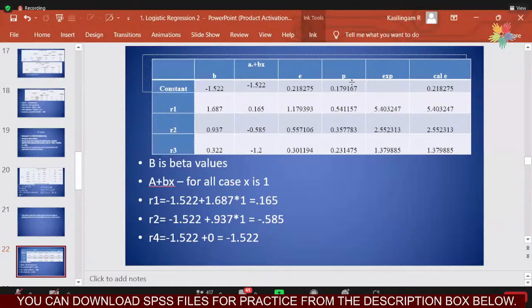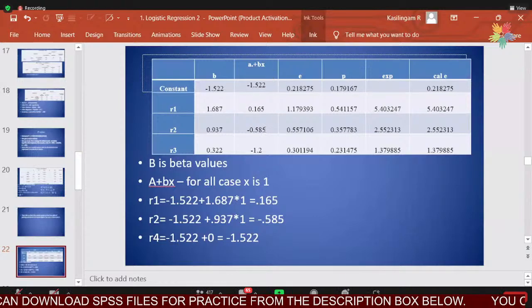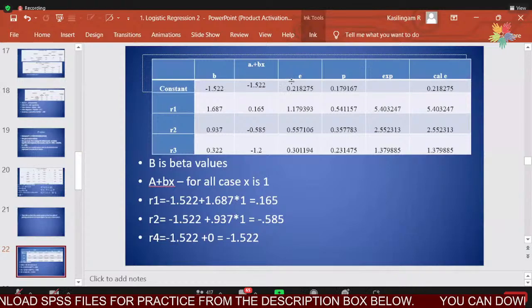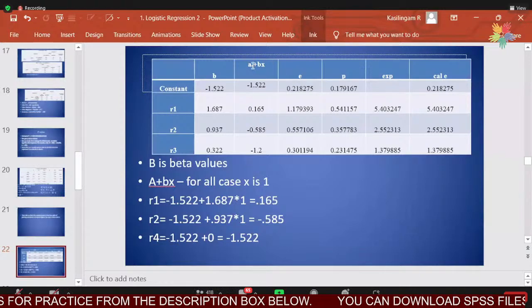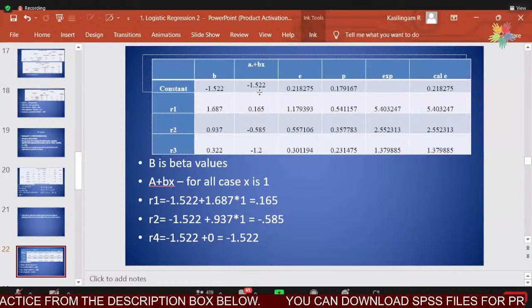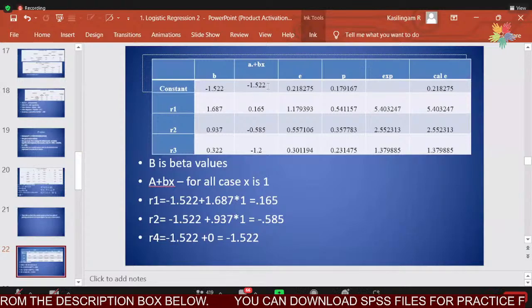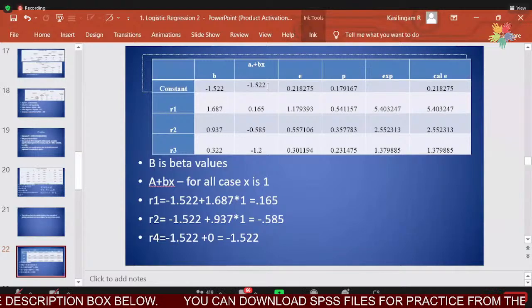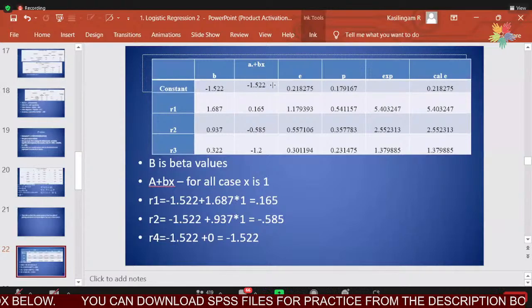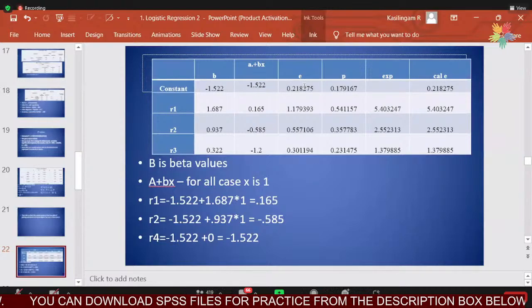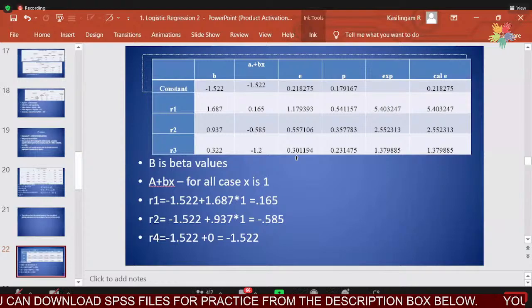Next, this is also calculated. Now e to the power this one, so e of this is my e of a plus bx. I substitute the a plus bx value, and e of this one gives this value, right?